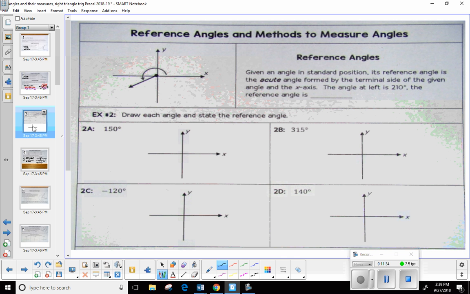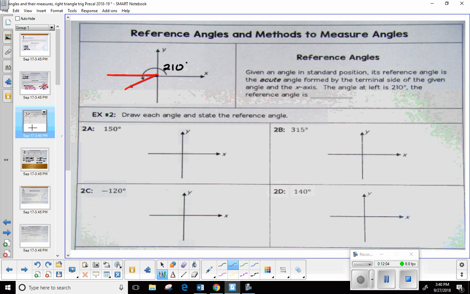So let's say in this diagram here, the angle at the left is 210 degrees. Now I'm not looking for the coterminal. I don't want to make full revolutions in both directions. I just want to know the measure of the angle created using that terminal side and the closest x-axis. So if it's in quadrants 2 or 3, the closest x-axis is going to be the negative.